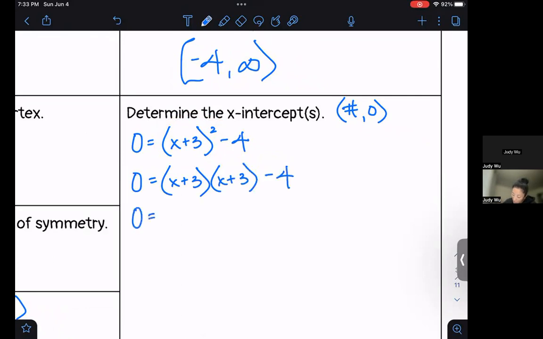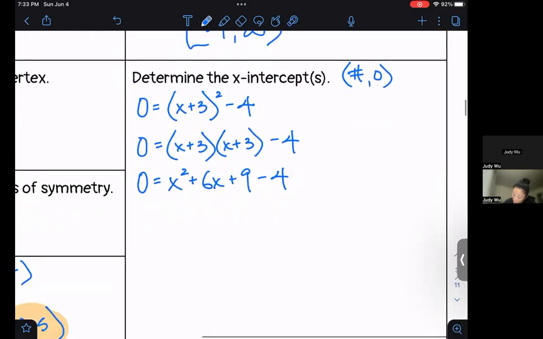Now I'm actually going to write it x squared, plus 3x is plus 6x, plus 3 times 3 is 9, and then minus 4. And then finally I get 0 equals x squared plus 6x plus 5.